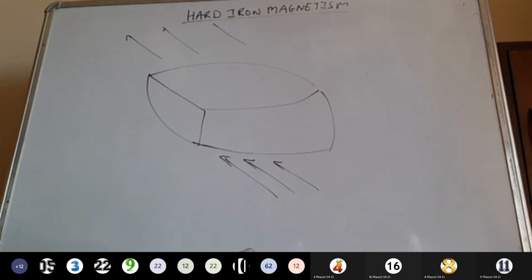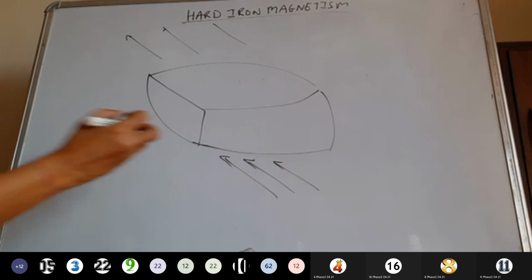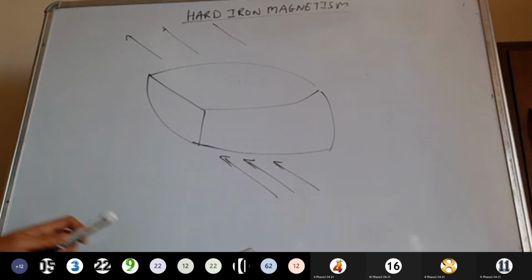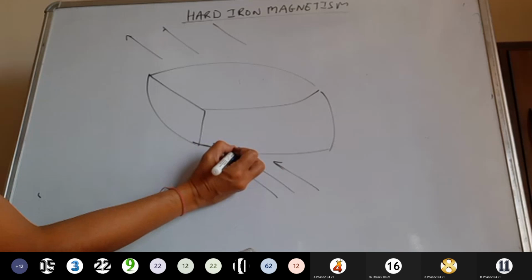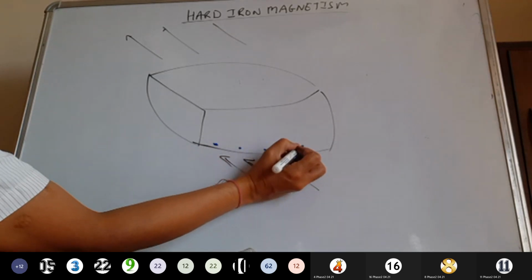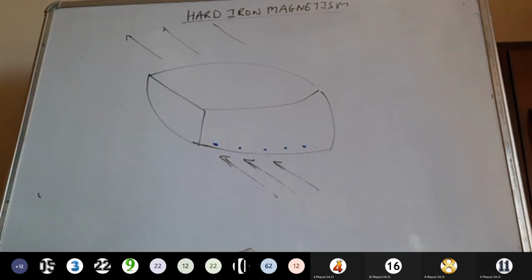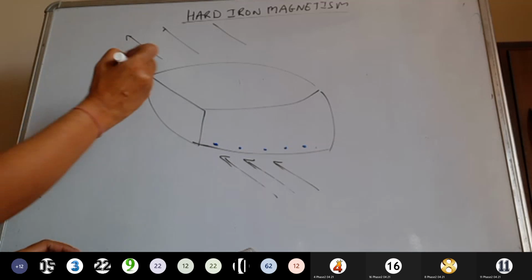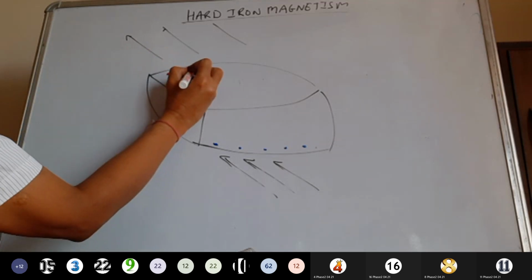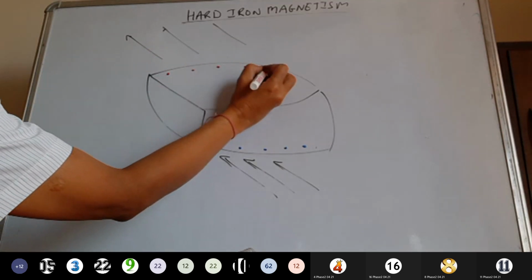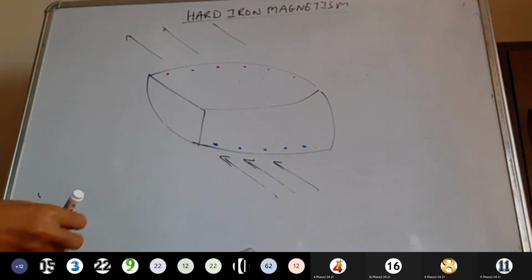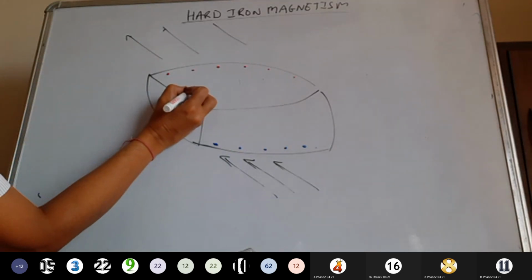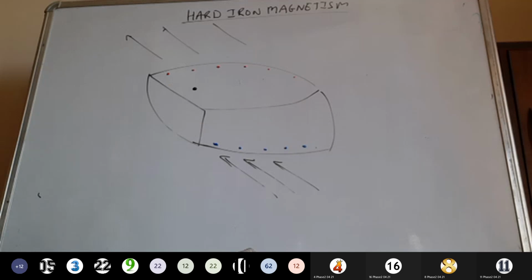Now what will happen? This will become a blue pole. So this will become all your blue pole. Blue means south. And here will become a red pole. So there will be numerous red poles and blue poles. And this is your magnetic compass position.